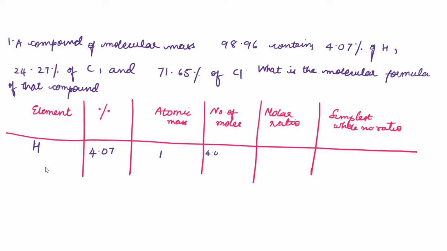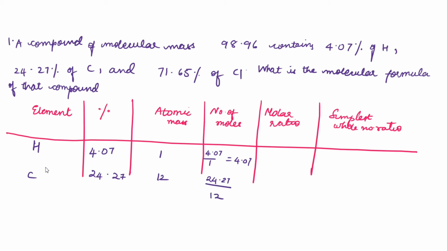What is the atomic mass of hydrogen? 1. Now we have to find the number of moles. Here we consider the percentage as the given mass. So 4.07 by 1, given mass by atomic mass, gives us the number of moles, which is 4.07.